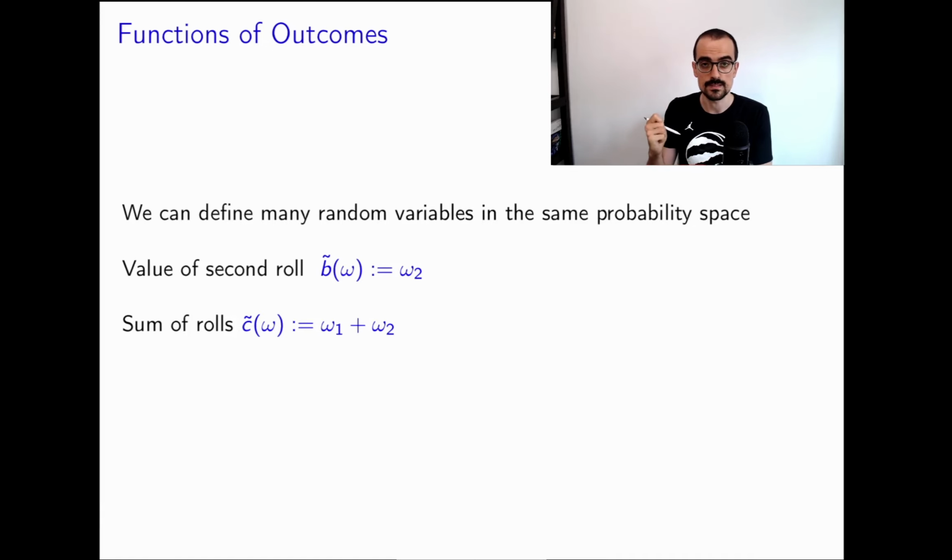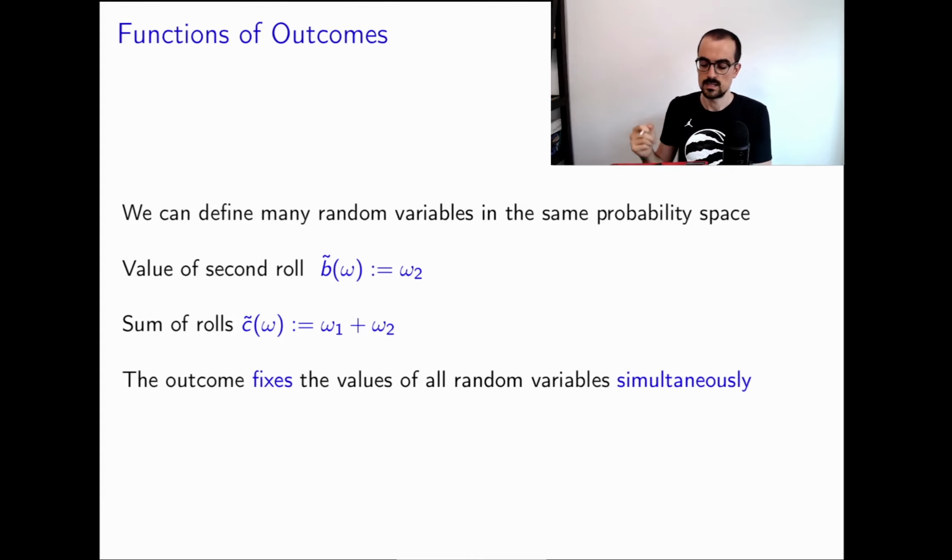It's important to emphasize, and this will become more important later on when we consider multivariate distributions, that the outcome that we obtain from the probability space fixes the values of all the random variables. The random variables are just functions from the outcomes to particular values. So once we reveal the outcome, everything is fixed.